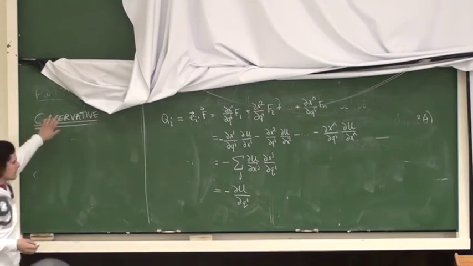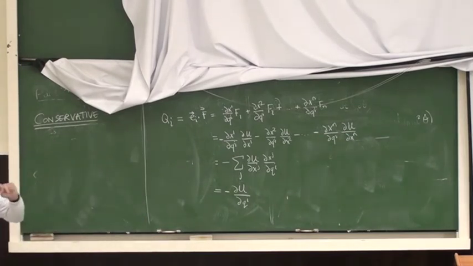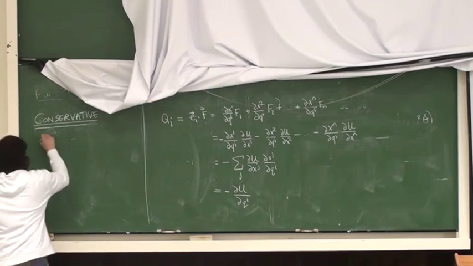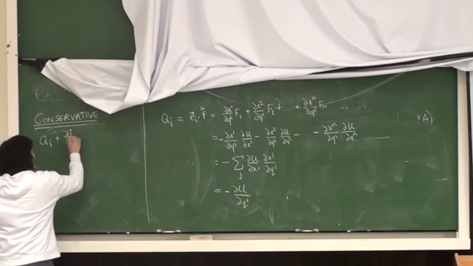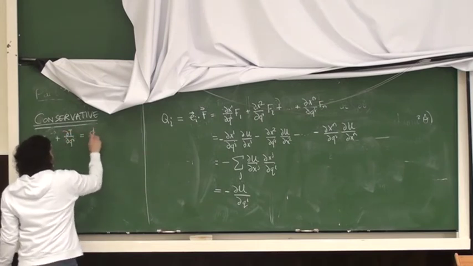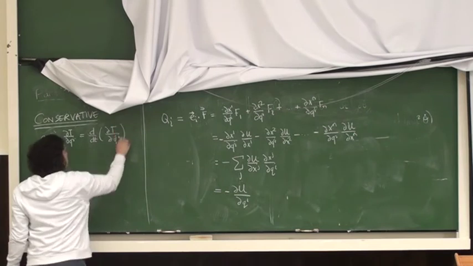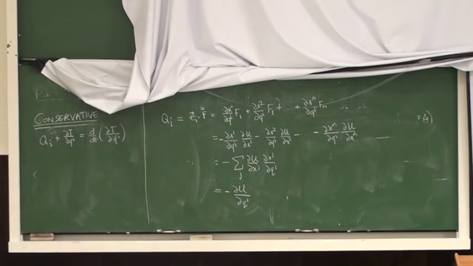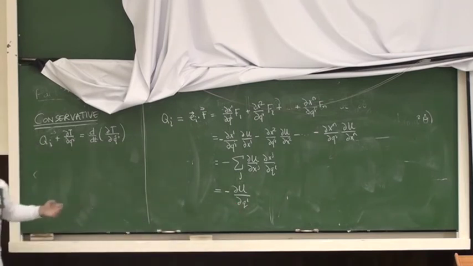But let's look at what the Lagrange equations become when we write them out, knowing that there is a potential involved. Remember the Lagrange equations: Q_i plus ∂T/∂q_i is equal to d/dt of ∂T/∂q̇_i. Q_i can simply be replaced, since Q_i is minus ∂U/∂q_i.